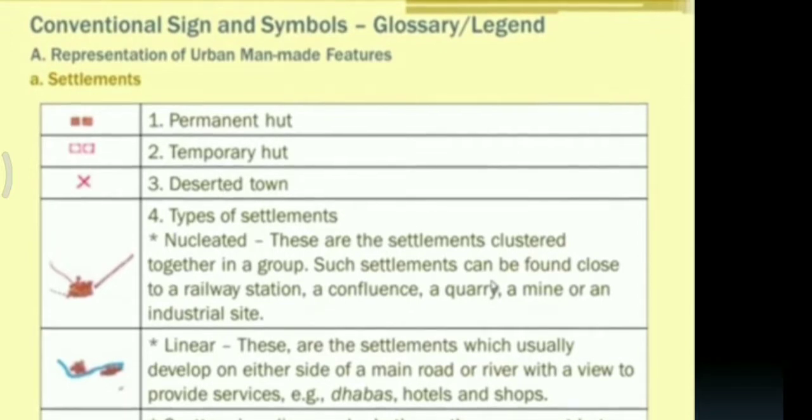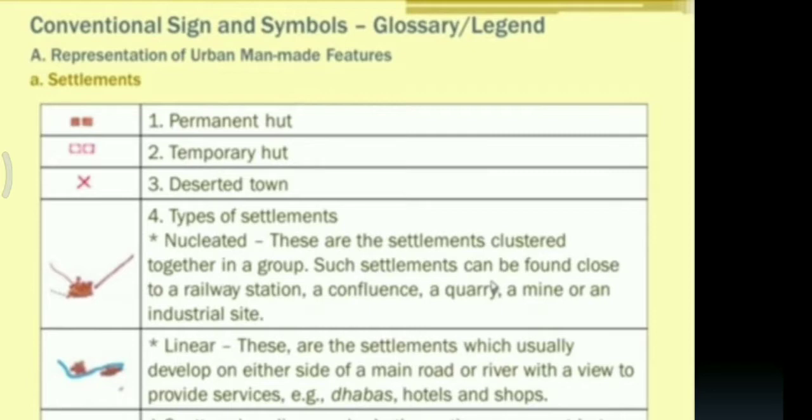So in a topographical map, if we have a red box, that means it shows permanent huts, and for temporary huts we have a blank square-like structure here, and a desert tor is a red cross.